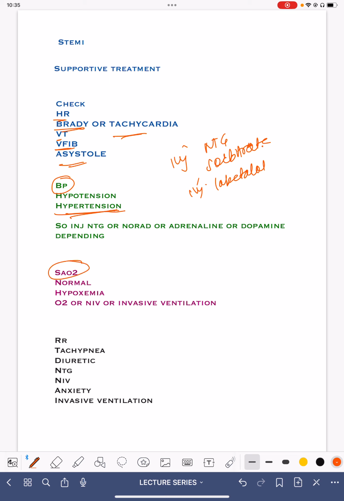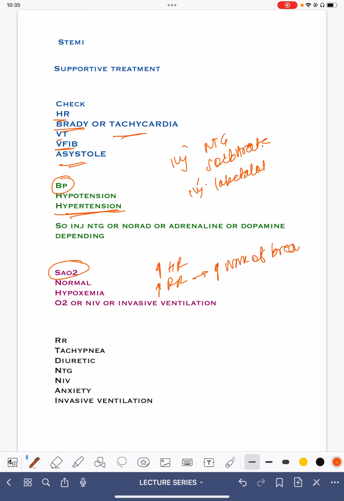The next thing is saturation of oxygen. If it is normal, then there is no worry. But if the patient has hypoxemia, then definitely there can be an increase in heart rate and increase in respiratory rate. An increase in the respiratory rate will increase the work of breathing.